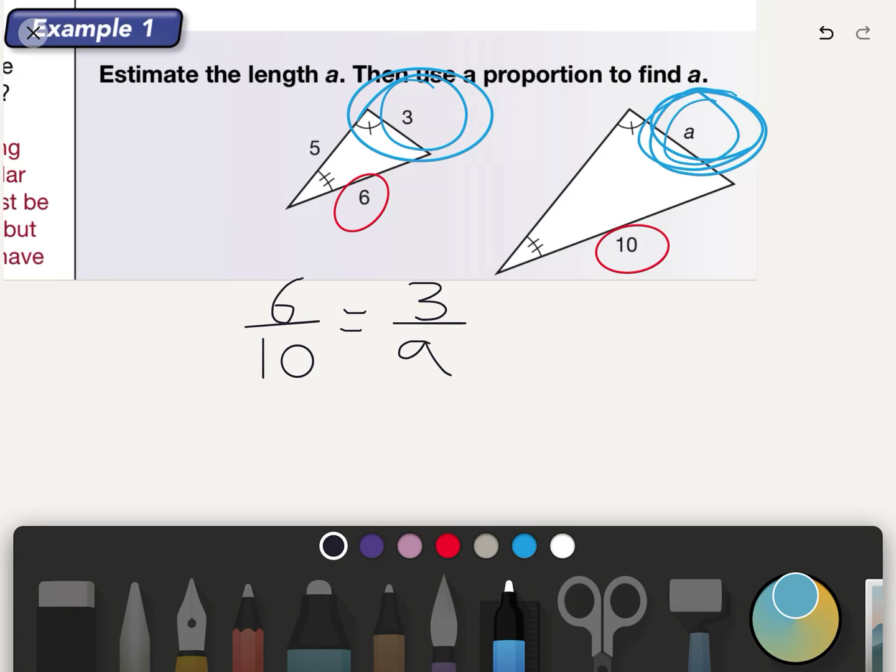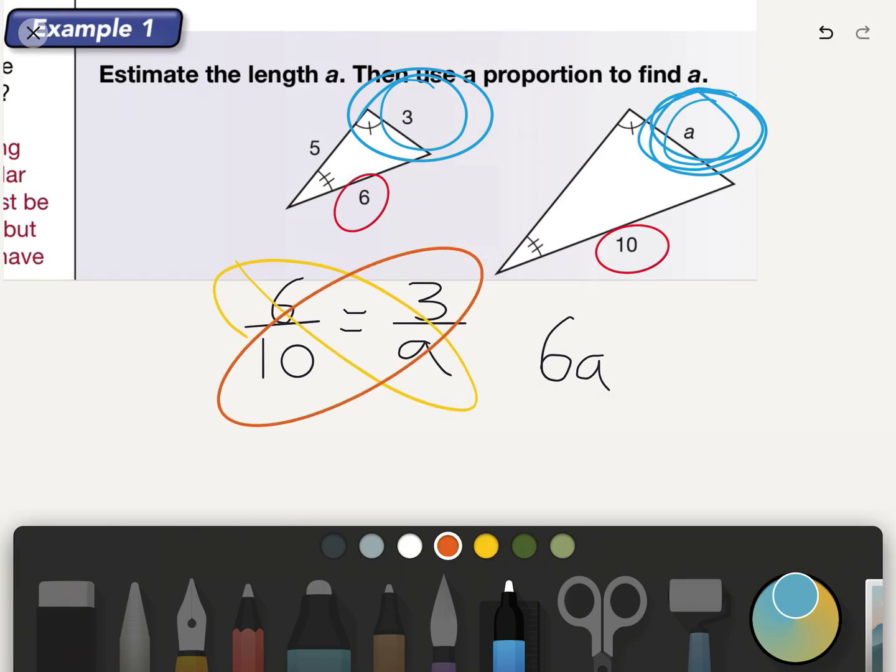So looking at this, we can see that it's a 6 to 10 ratio versus a 3 to, and yeah, so this is nice and proportional because it's half the length, just like our previous example. Therefore, if we really want to include all the steps, we can make an equation with some cross multiplying.